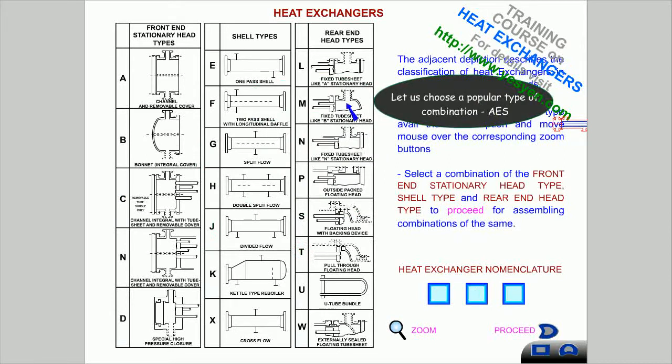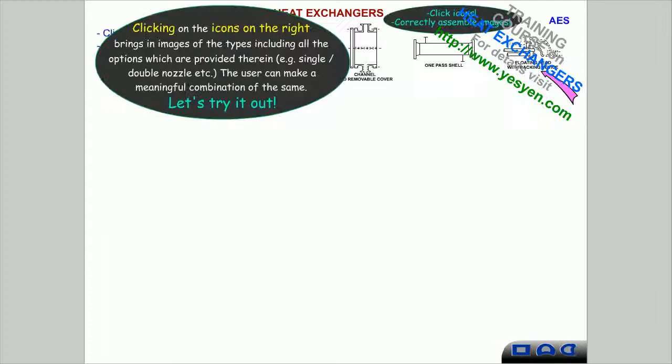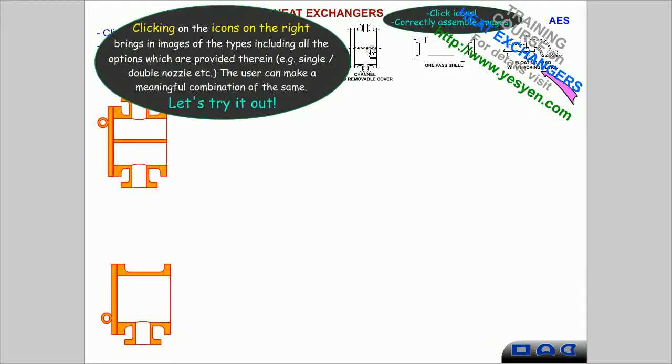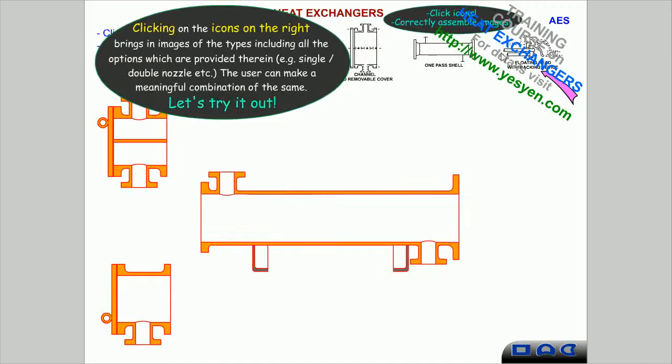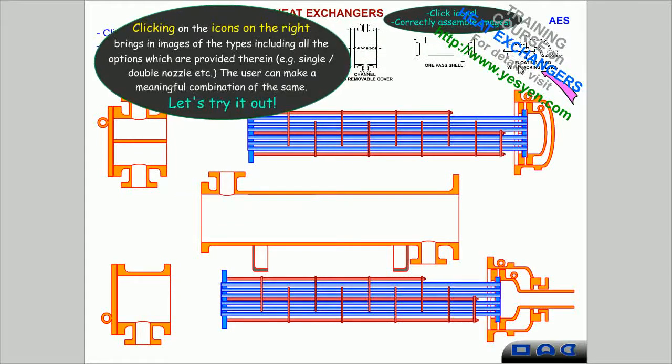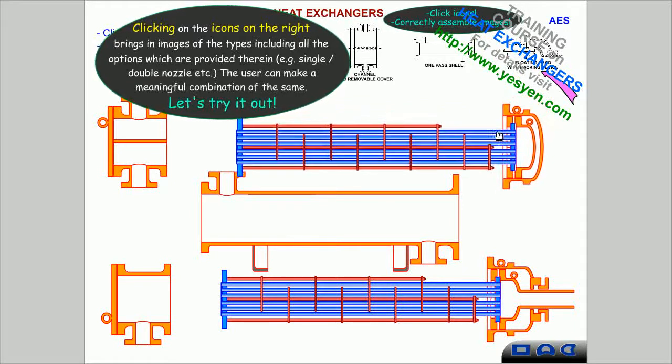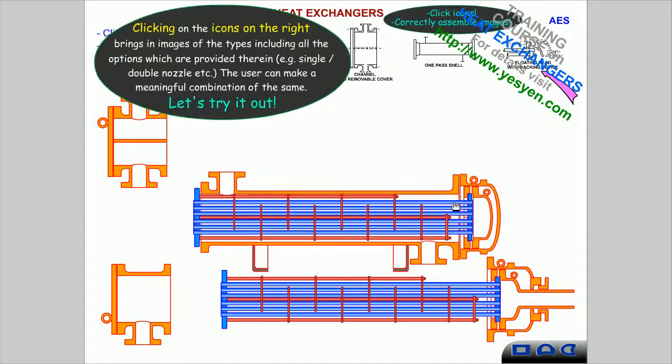Let us choose a popular type of combination, AES. Clicking on the icons on the right brings in images of the types, including all the options provided therein, for example single or double nozzle, etc. The user can make a meaningful combination of the same.